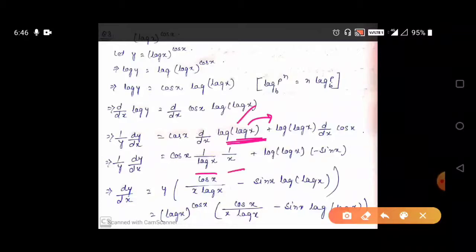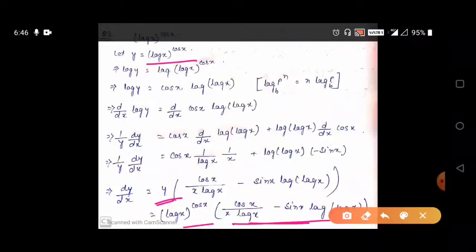So it will become 1 by x. And ddx of cos x is minus sin x. Now we can write it as y into cos x by x log x minus sin x log x. Now we will replace y by log x to the power cos x. Now this is our answer.